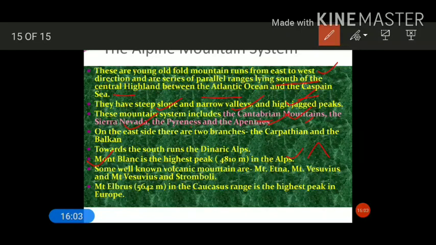And some well-known volcanic mountains are also found here. They are Mount Etna, Mount Vesuvius and Mount Stromboli. These are the important volcanic mountains, and they are active volcanic mountains that are found in this mountain system, although these are a part of the Pacific Ring of Fire. Coming to the next, that is Mount Elbrus.